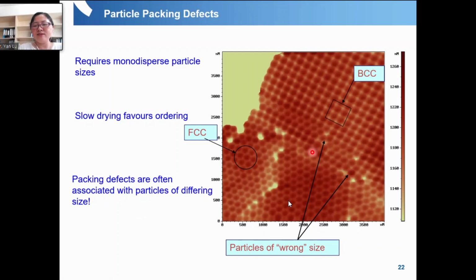And this is also very important later. People are also using this to form colloidal photonic structures. And in that case, this is even more critical on the particle size. It shouldn't be polydisperse. Otherwise, you can never get such photonic structures.